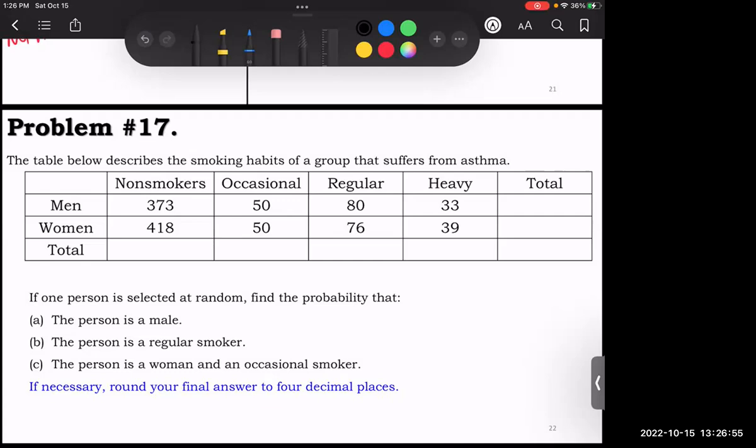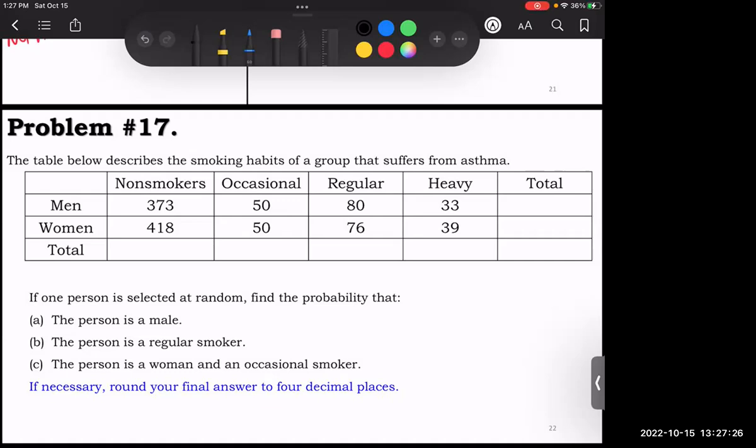All right, so before we can answer any probability question, first thing is to complete the table if all the totals are not given, right? If I'm basically given everything up to the first 5 columns and the first 3 rows, then that last row and last column, you have to fill it out.